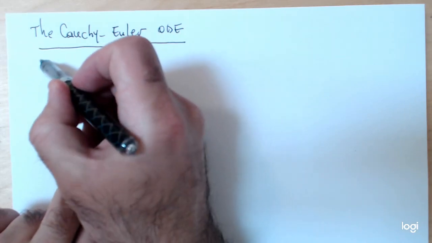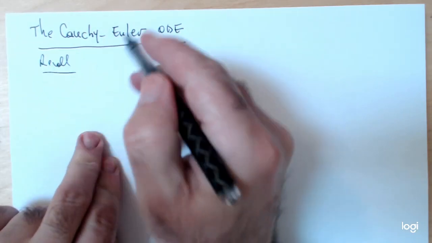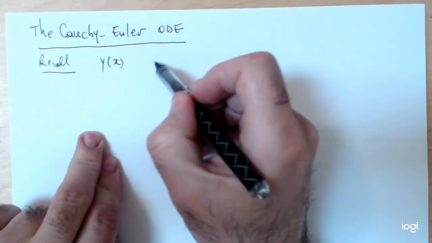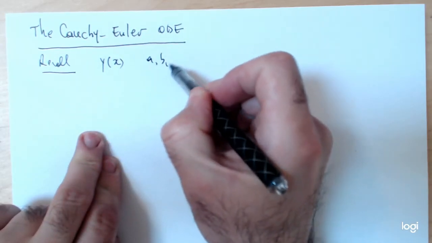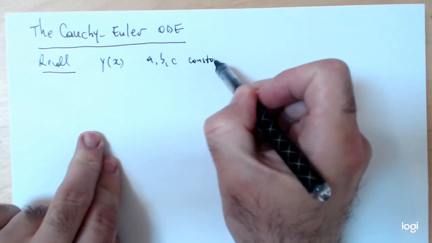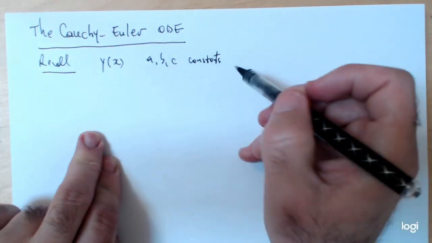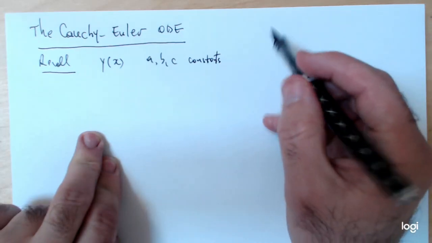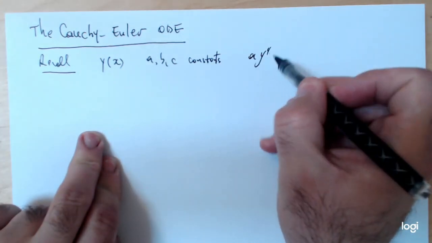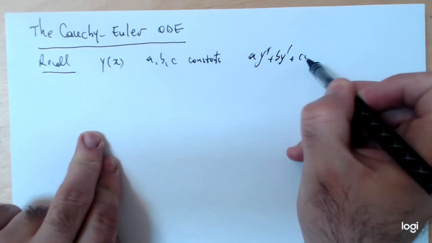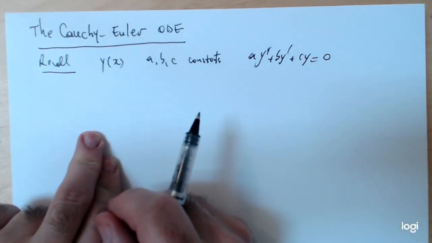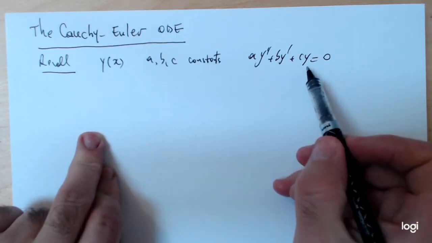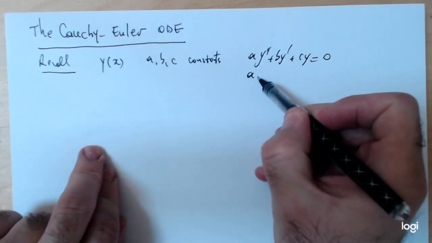Recall that if you have a function of x, let's say y of little x, and a, b, and c are constant, a second order linear ODE with constant coefficients will look like this: ay double prime plus by prime plus cy equals 0. You have it in the formula sheet, but you might remember already the way to solve it is to set up the so-called characteristic equation.